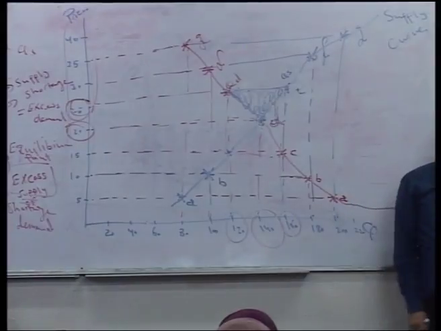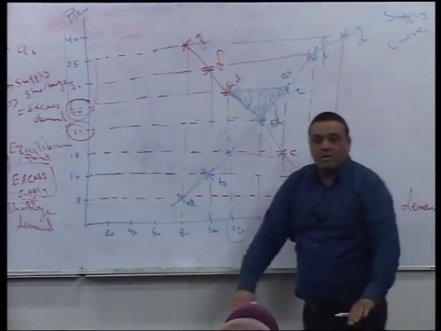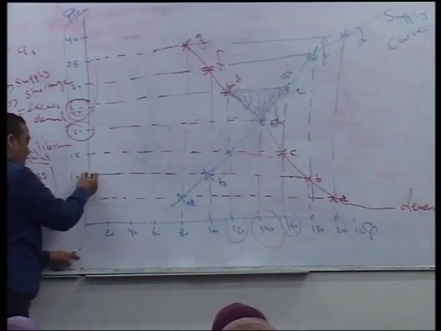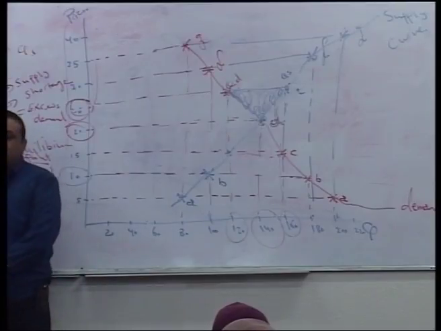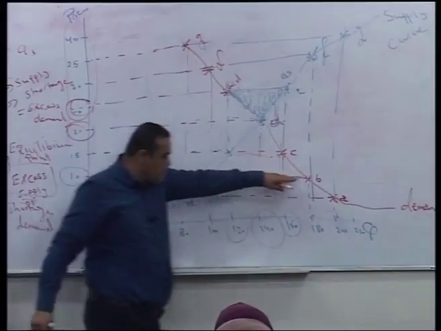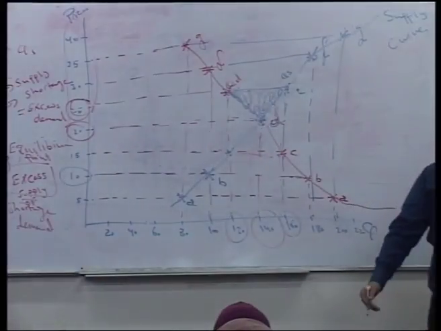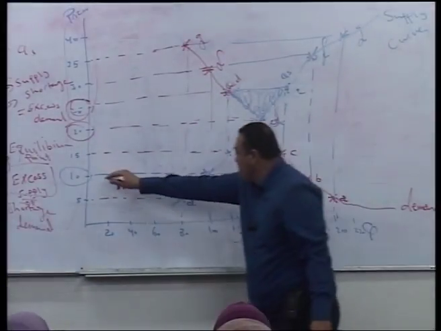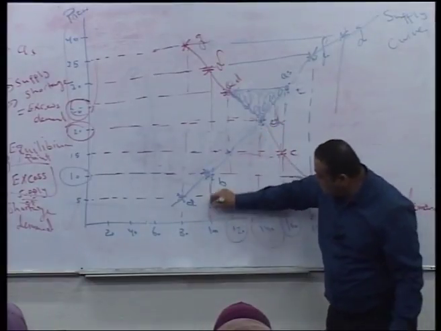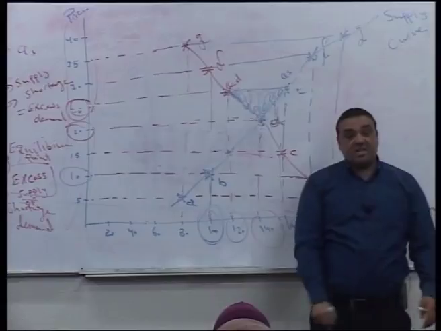If the price was below the equilibrium price, let us assume that the market price was 5 here. What do you see? At this point, how much is the quantity supplied? 100. It's a point on the supply curve, 100 units.